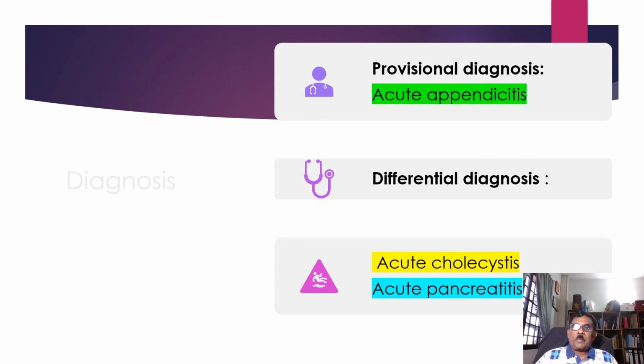So that leaves a provisional diagnosis of acute appendicitis, with the differential diagnoses of acute cholecystitis and acute pancreatitis, which are rather unlikely compared to acute appendicitis based on the location of the pain and tenderness.